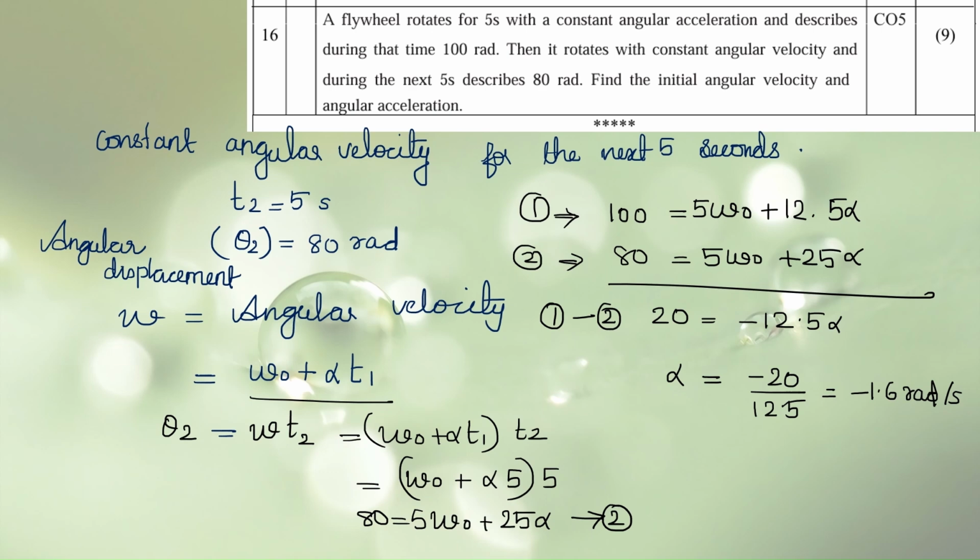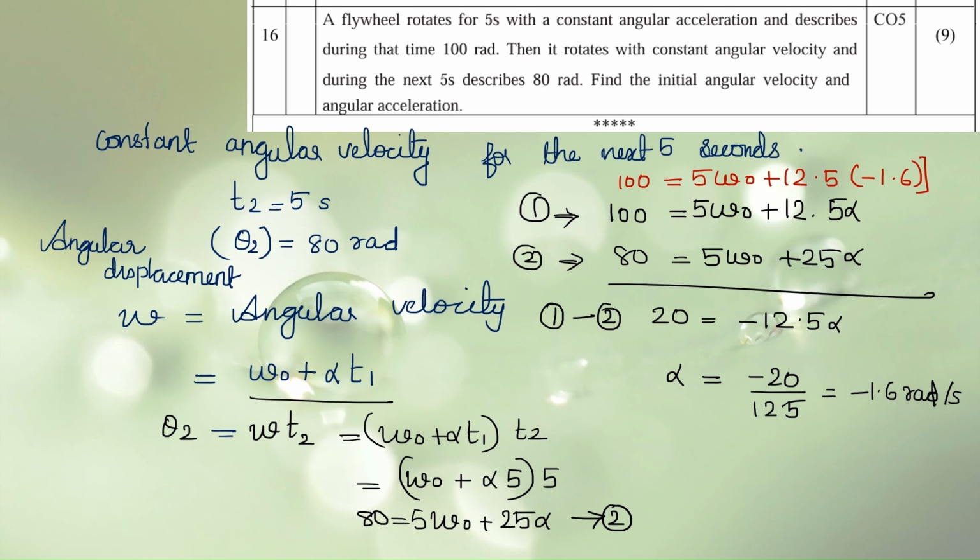Okay, so we got the value of alpha, and if I substitute the value of alpha in any of these equations, I will get my initial angular velocity omega 0. So I am substituting in the first equation, that is 100 is equal to 5 into omega 0 plus 12.5 into alpha, that is minus 1.6.